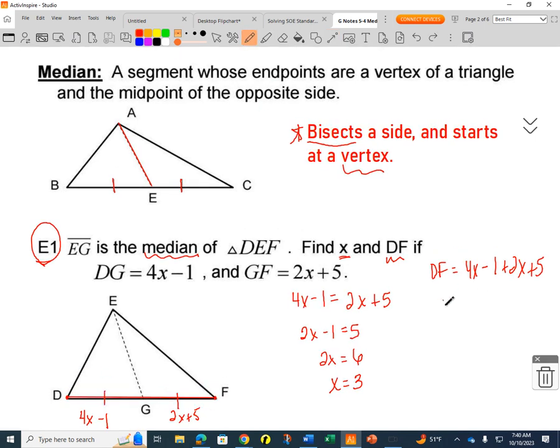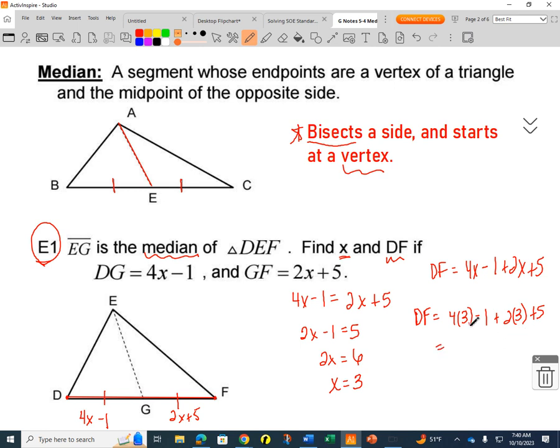Now all we have to do is plug in 3 for x. So DF equals 4 times 3 minus 1 plus 2 times 3 plus 5.